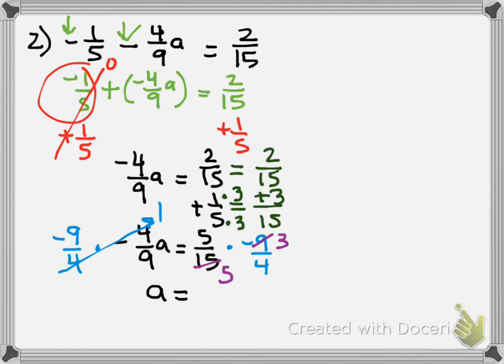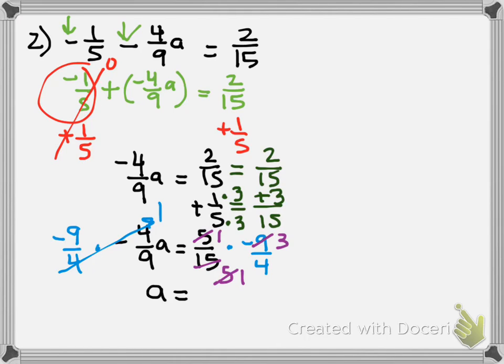Olivia? 5 over 5 would equal 1. Exactly. The rule with canceling is it's any numerator to any denominator. So it could be within a single fraction, or between a numerator of one fraction and the denominator of the other one. But yeah, definitely that cancels out.